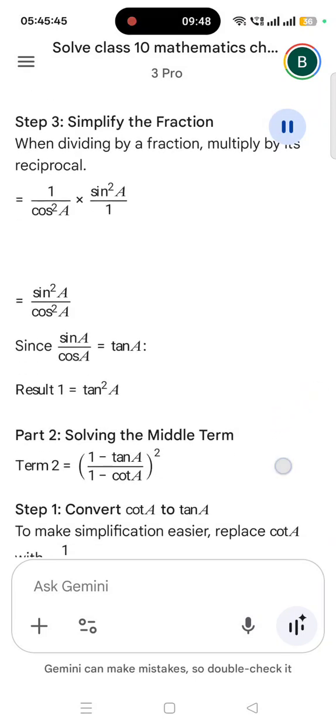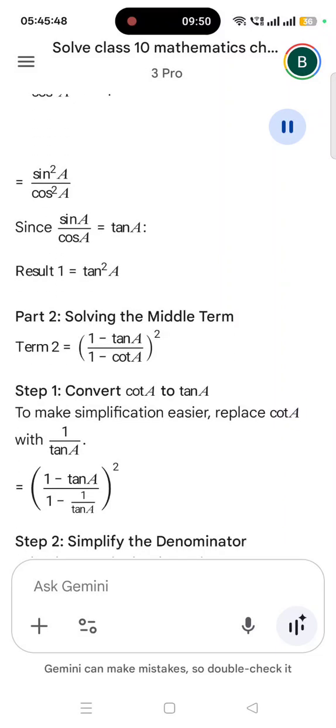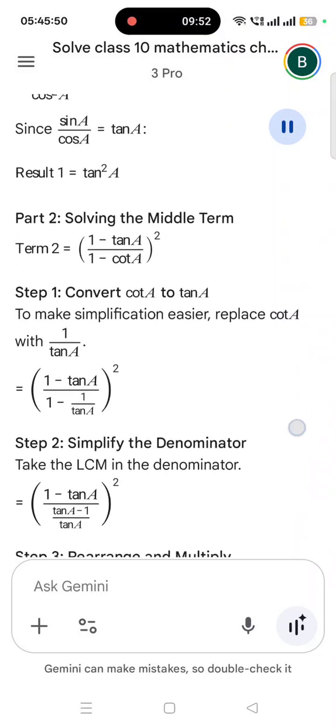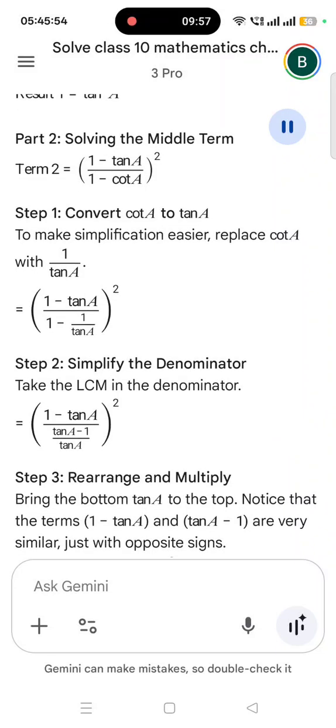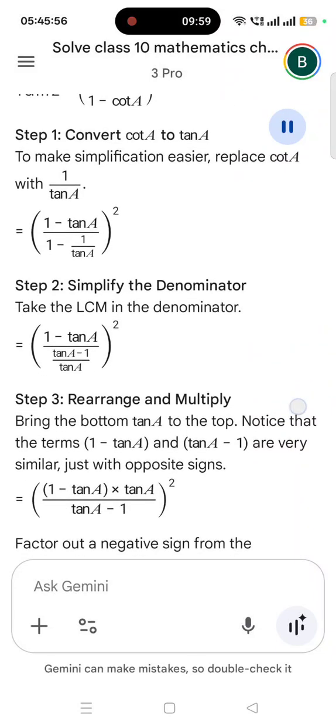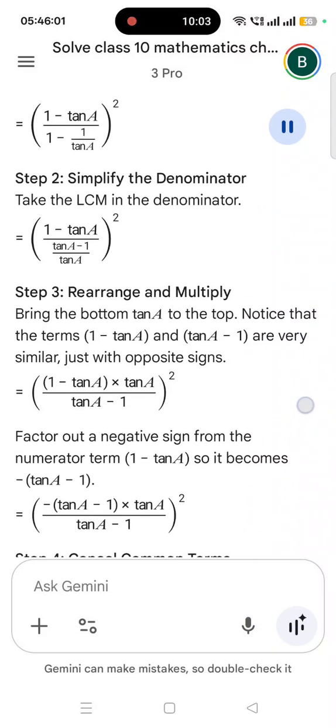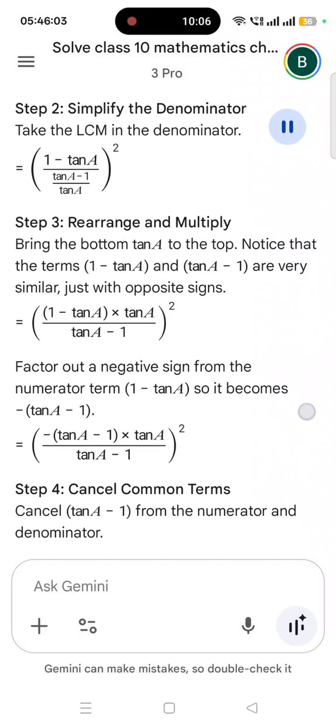Part 2: solving the middle term. Step 1. Convert cot A to tan A. To make simplification easier, replace cot A with 1 over tan A. Step 2. Simplify the denominator. Take the LCM in the denominator. Step 3. Rearrange and multiply. Bring the bottom tan A to the top.